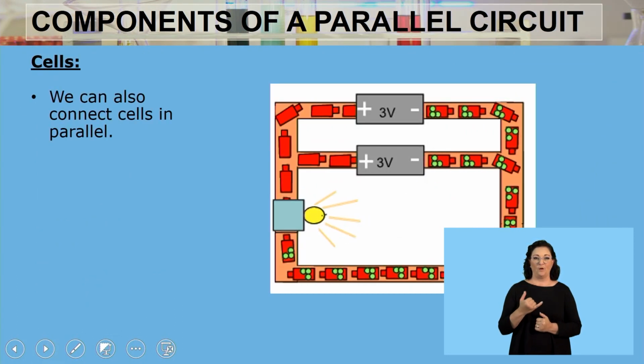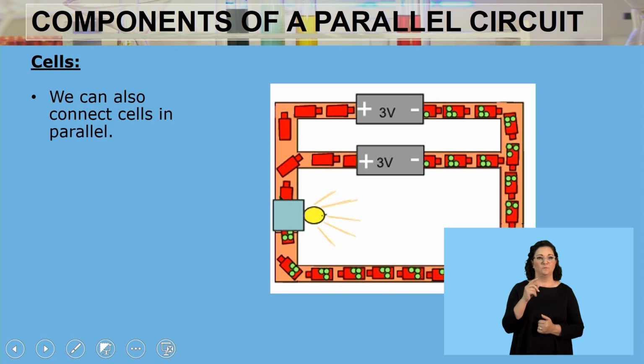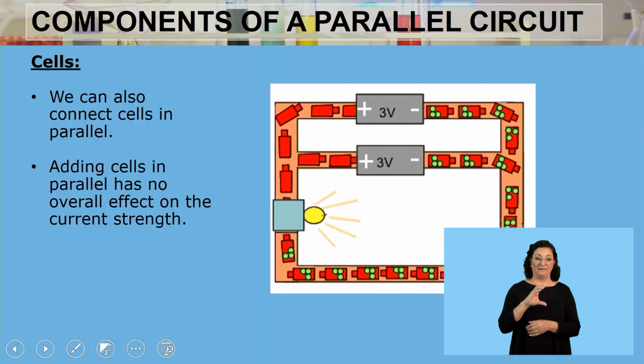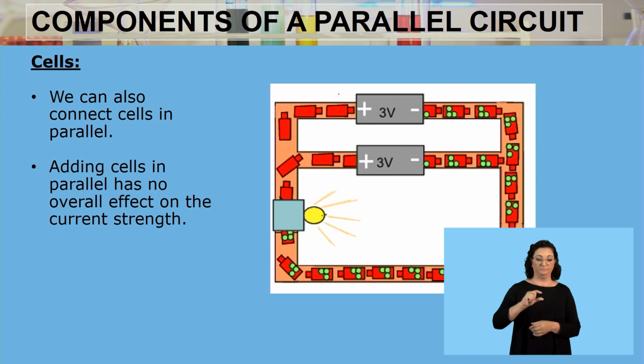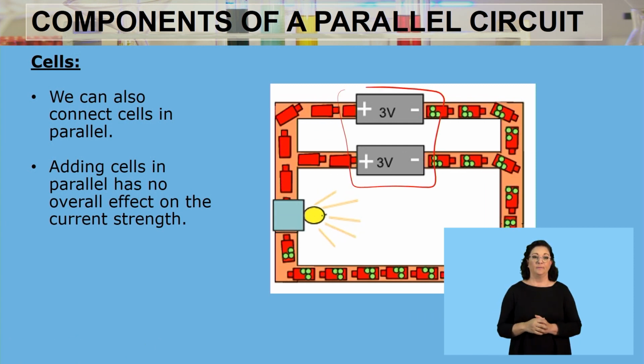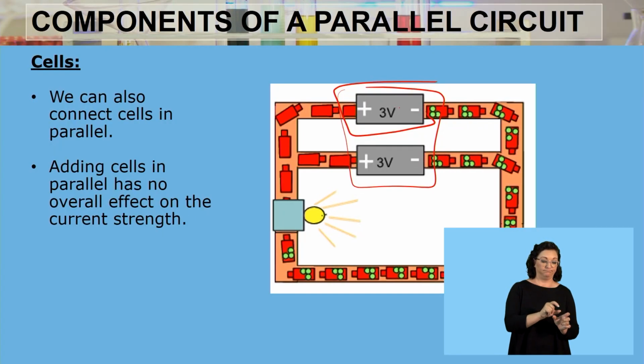Now, remember that we have talked about the resistors in an electric circuit, and we talked about the ammeter in an electric circuit. Now we can also talk about the cells in this electric circuit. We can connect our cells in parallel. Remember, if it's one, it is a cell, but if it's more than one, that makes up a battery. So these cells can be connected in parallel.